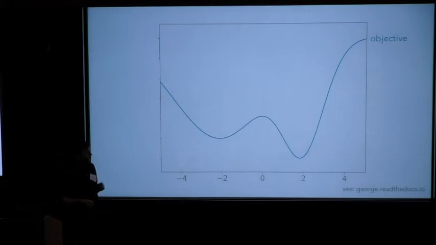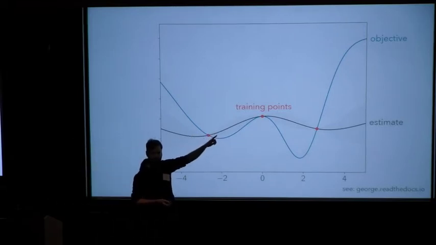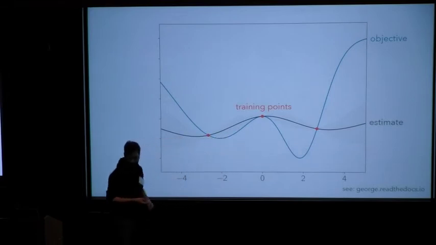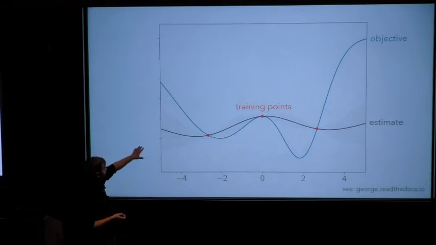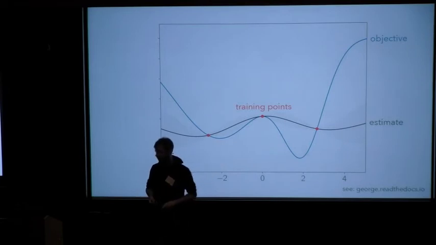And basically the idea is that you start by evaluating your model at a few random places, and then you try to approximate what your objective is, just using those points. And here I don't know if you can see the gray bar, but this is my estimate and its uncertainty for what the value of this blue line is. And it's pretty crap right now.